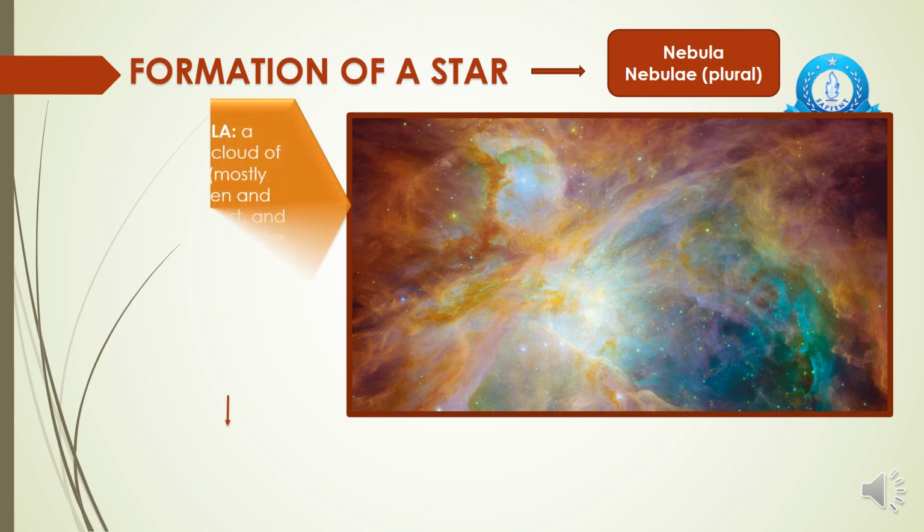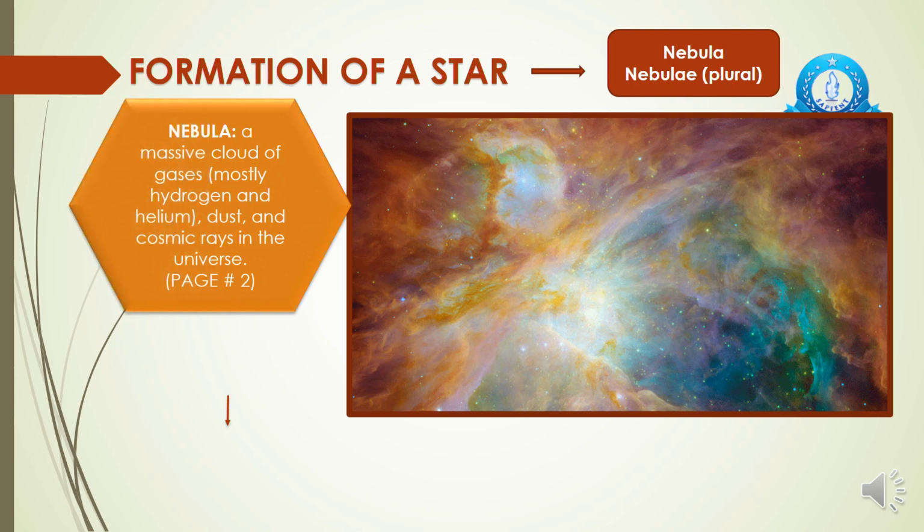What is a nebula? A nebula is a massive, meaning giant, very big, cloud of gases. The gases are mostly hydrogen and helium, which are light gases, along with dust and cosmic rays in the universe.